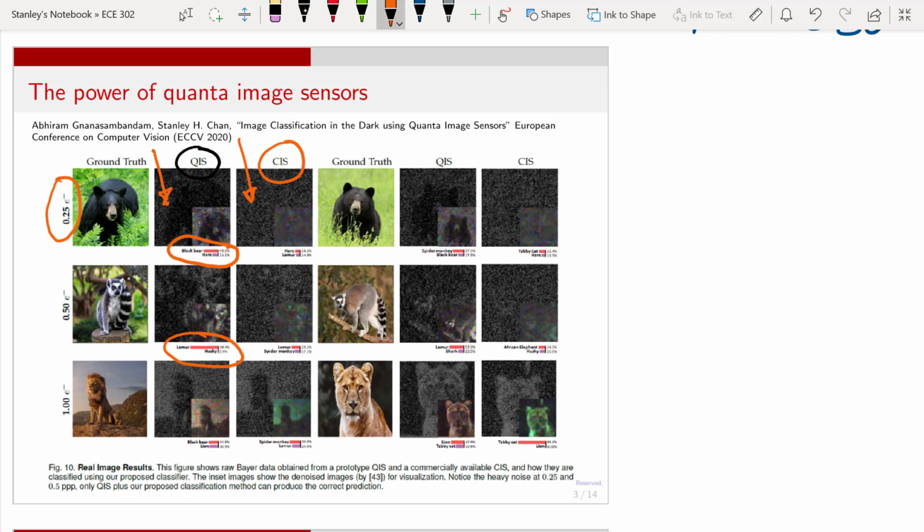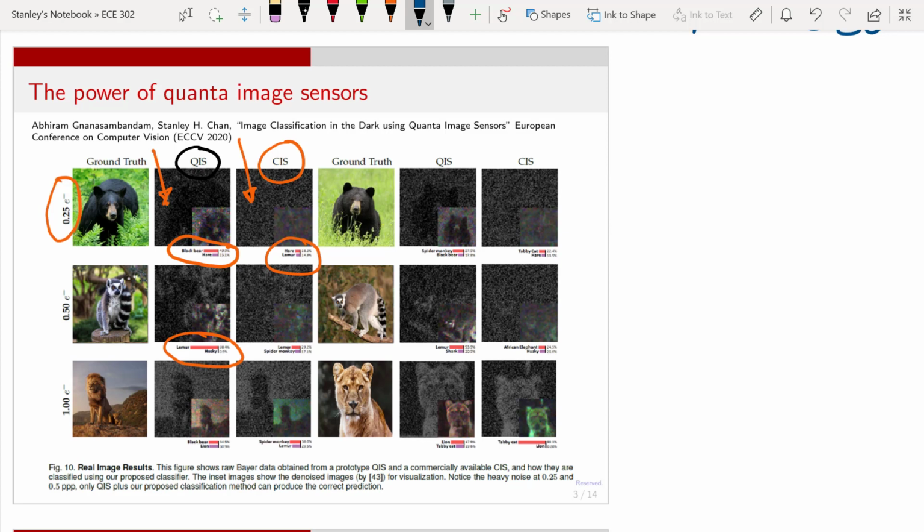Versus the CMOS image sensor, although it does give you some labels, they are wrong. Why? It's because the CMOS image sensor has a lot worse performance at low light compared to the quantum image sensor.